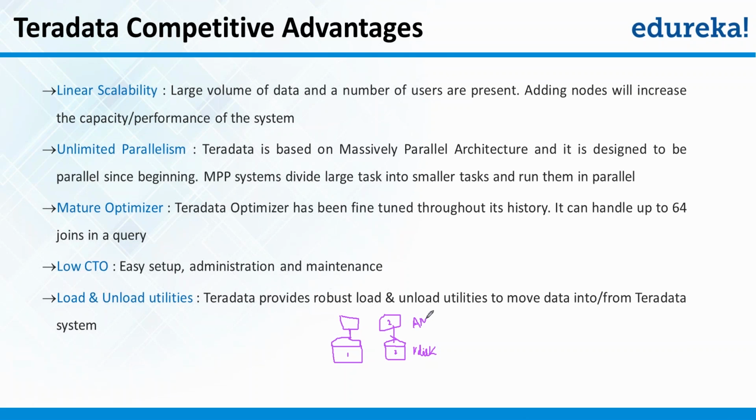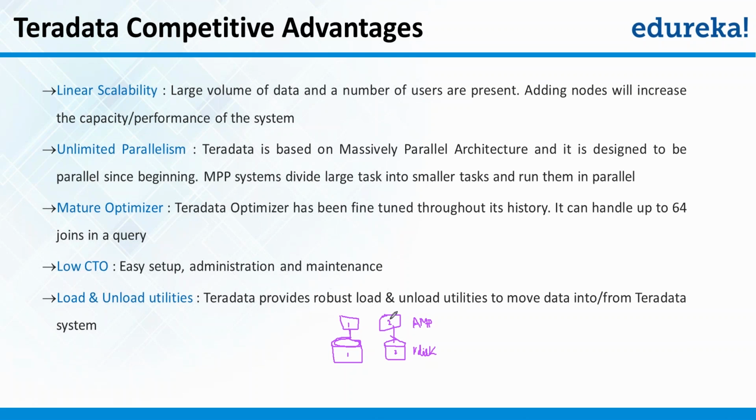Let me draw a small diagram, which will make things much easier. Say I have a disk here and I have another disk here, and then I have two processors here.